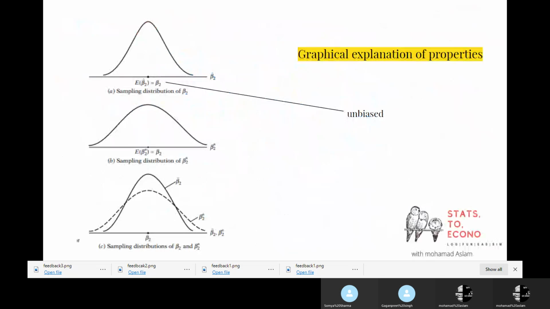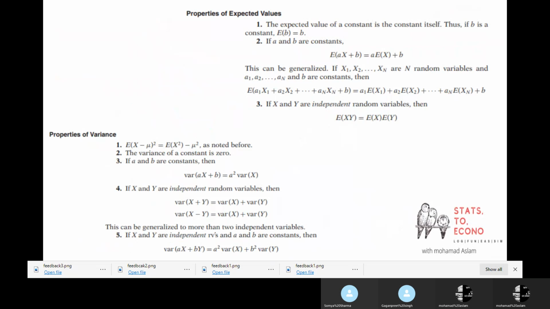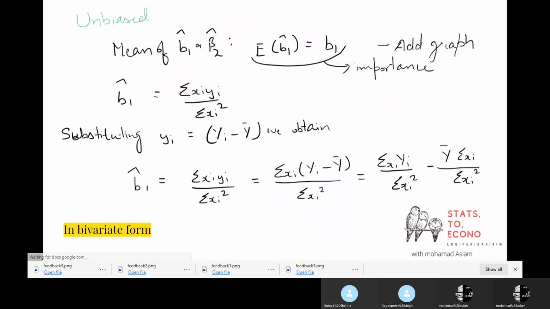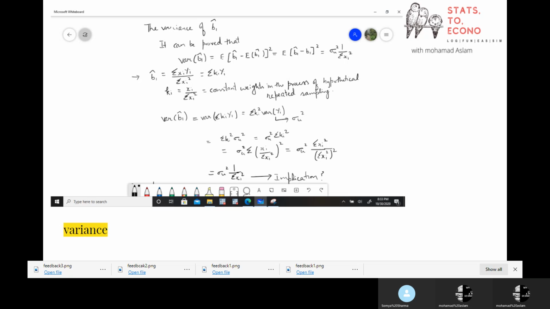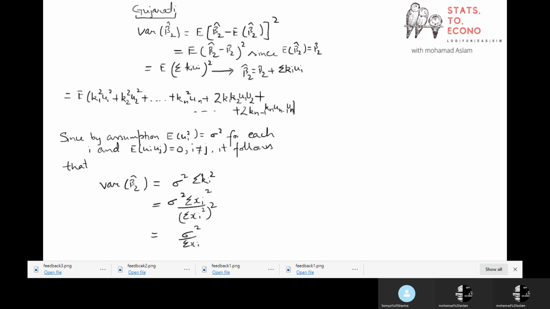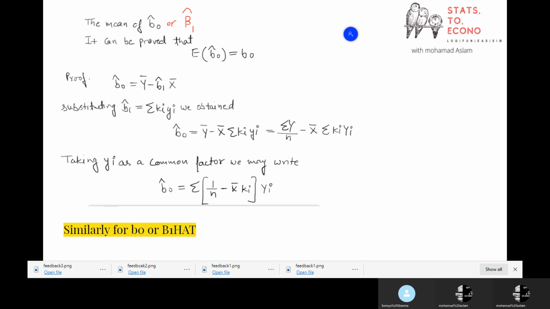So linearity we did last time, unbiasedness I tried to explain last time, and we first did it with the slope coefficient. Today let's do it with the intercept coefficient first. This was the variance of beta 2 hat that we derived last time. Next is the variance for beta 1 hat, or beta naught if we are taking it from Koutsoyiannis.